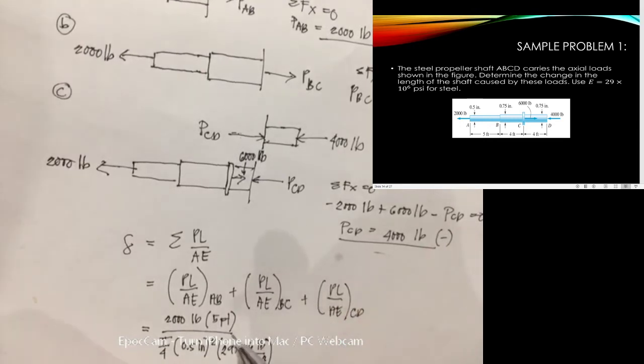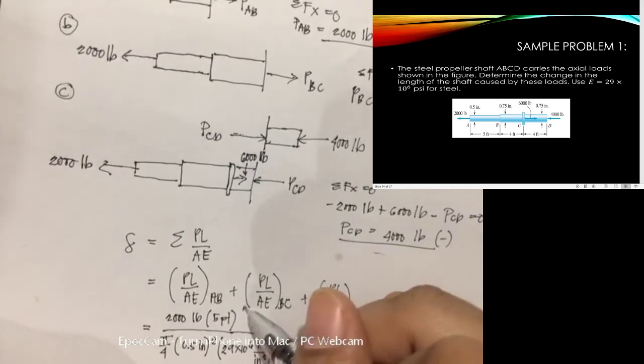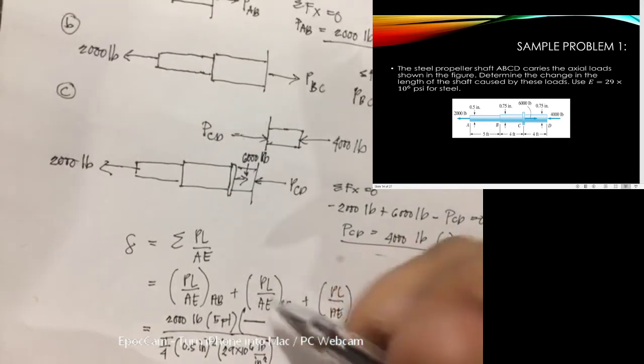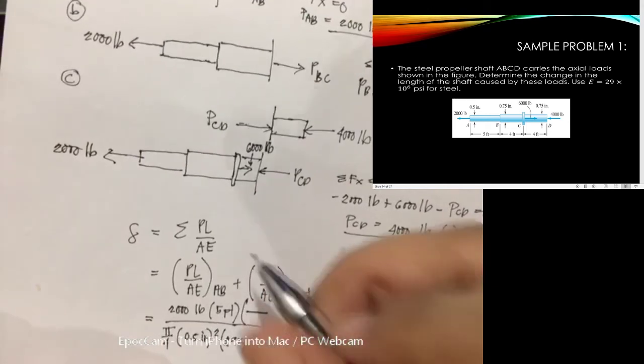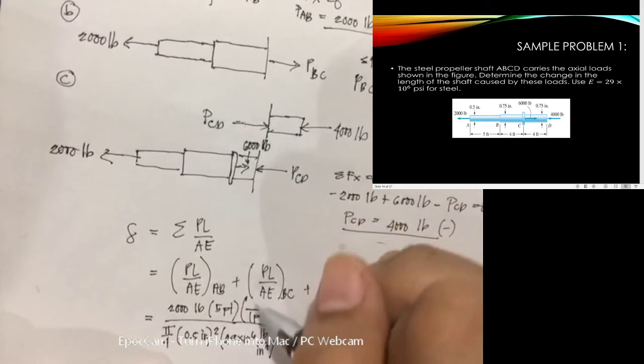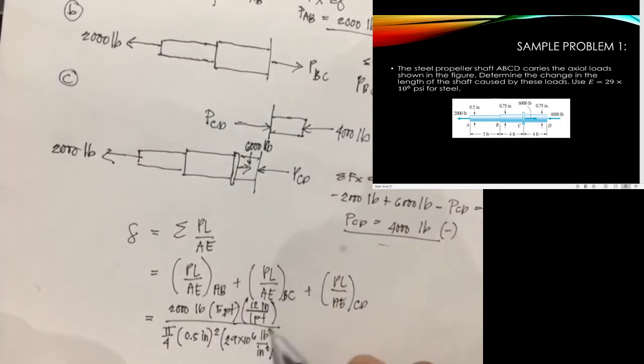Now, if you look at it, this is in feet and this is in inches. To be consistent with our units, we will convert this feet. So 1 foot is equal to 12 inches. So we can now cancel out this one, this one, and this one. That is for section AB.